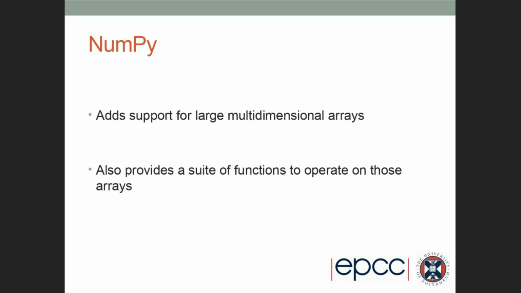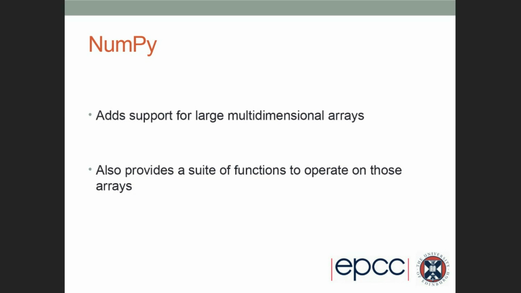Lists in Python can contain any sort of mix of data types. You can have a list that includes a float, an integer, a string, and some other Python object, and that's all perfectly fine. But it means that whenever you want to do any sort of computationally intensive manipulation of these arrays, it can take a very long time.